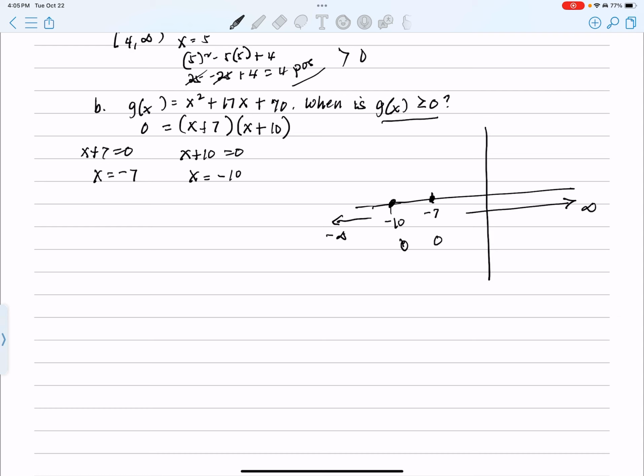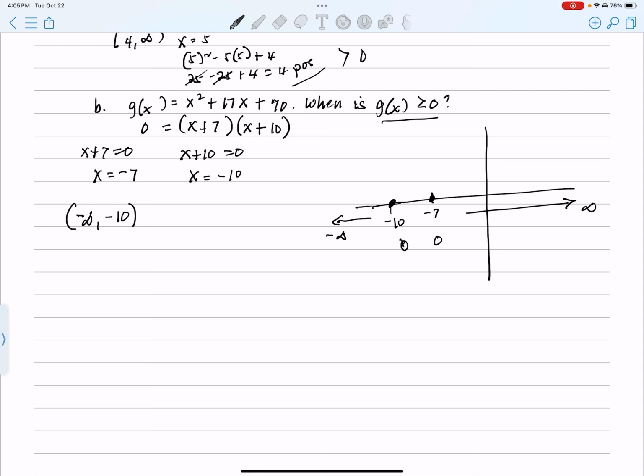I will start with the first interval, negative infinity to negative 10.